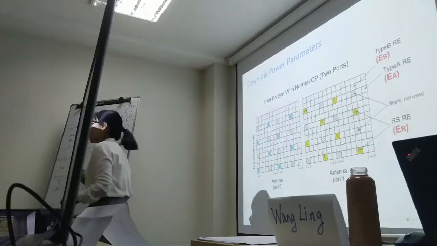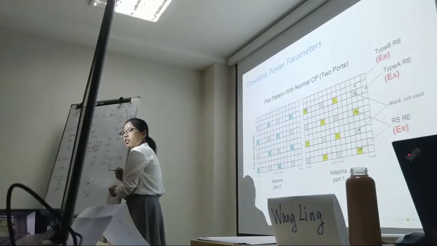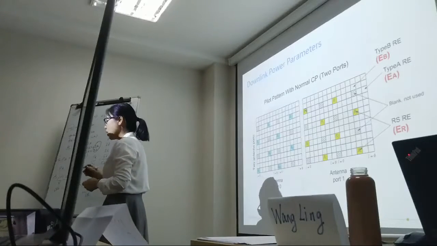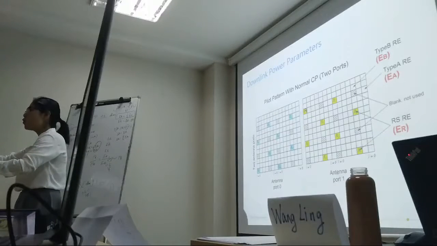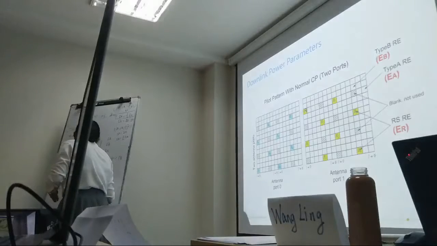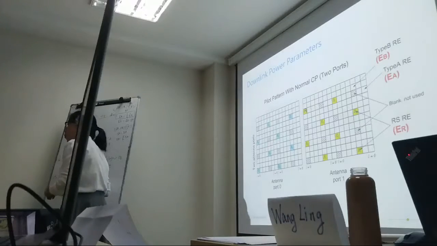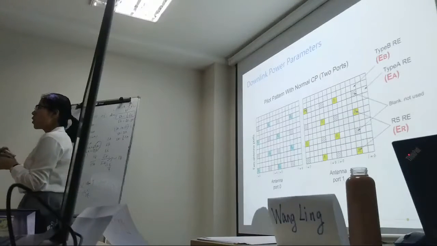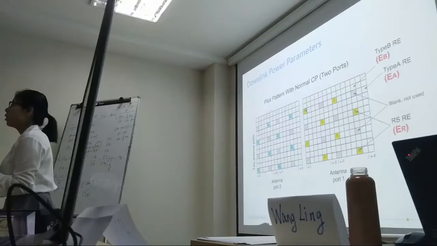This is actually for data service. We want more UEs attached to this cell, but at the edge the service may not be very good.